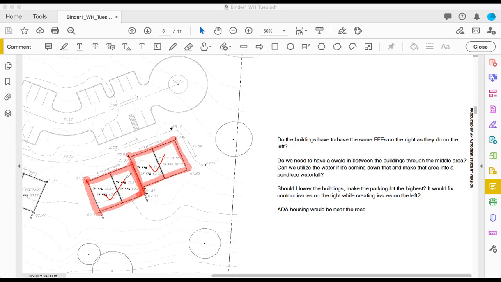It depends on the slope that you're creating. If you create an abrupt elevation change, it could be a waterfall. If you design very gently, it's basically a swale. Okay, you could design an abrupt change in elevation in combination with a wall in between.